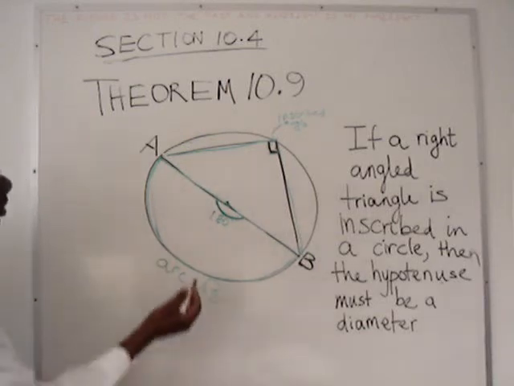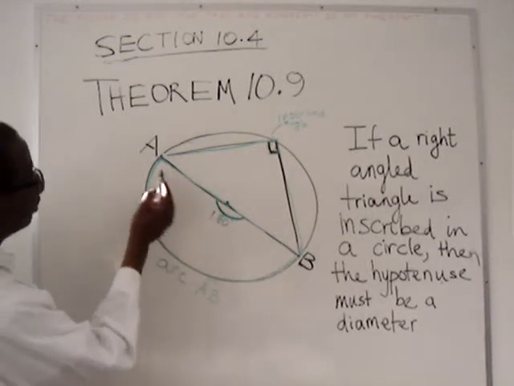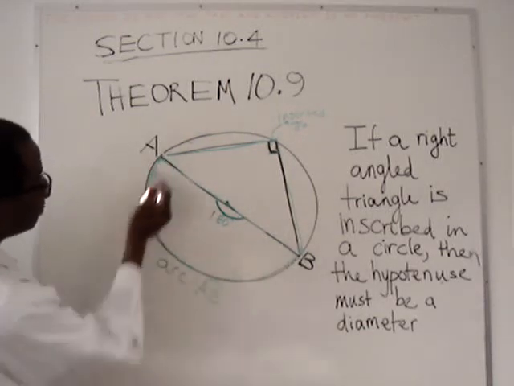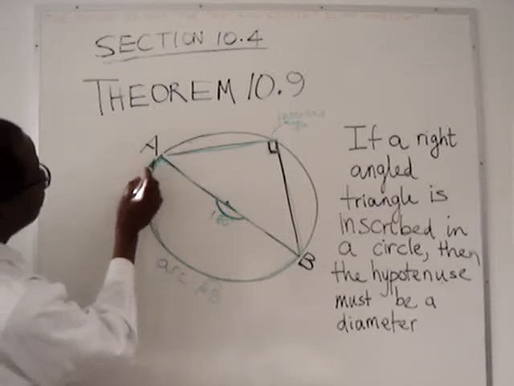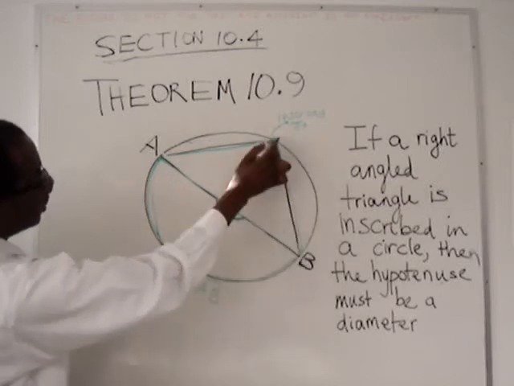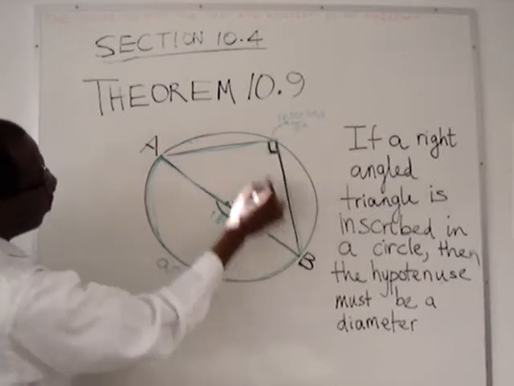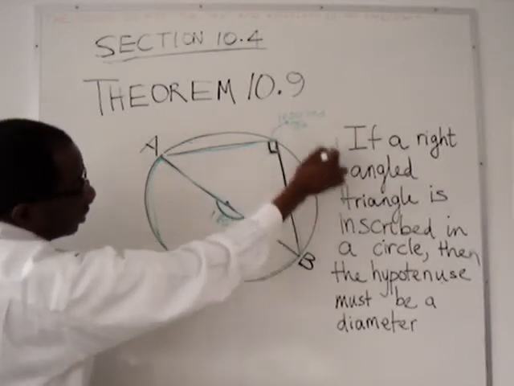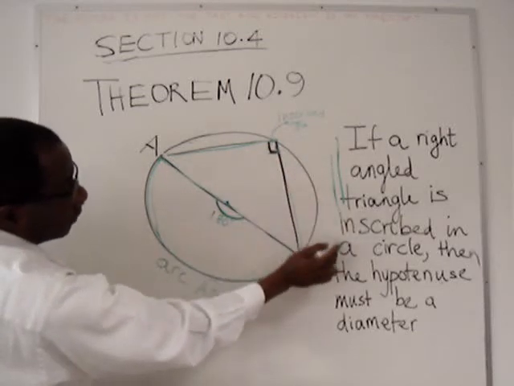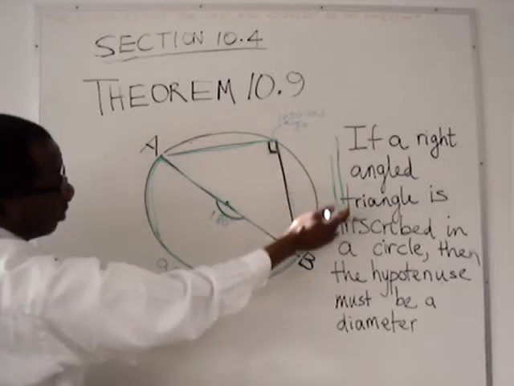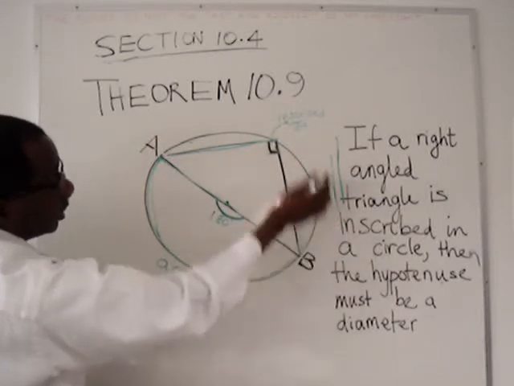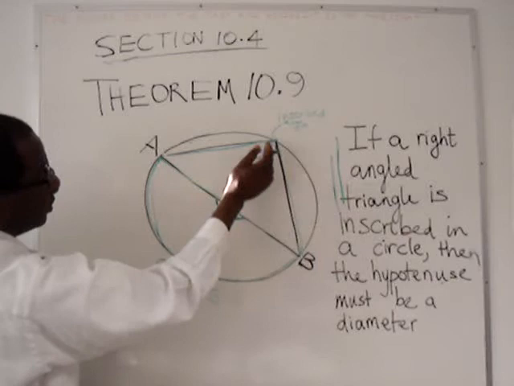Because again, remember, you have arc AB, and the inscribed angle associated with this is this angle, which we're given. It's part of the condition of the proof. It's a right angle.